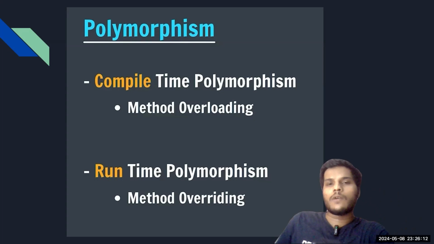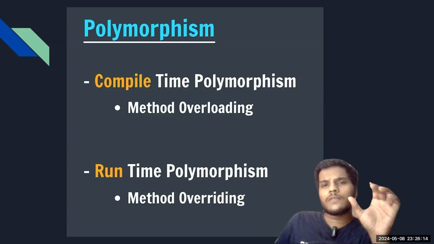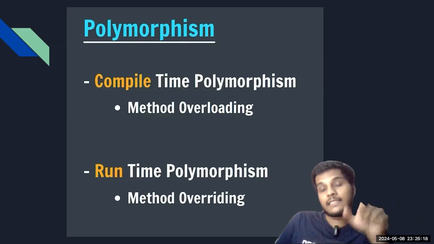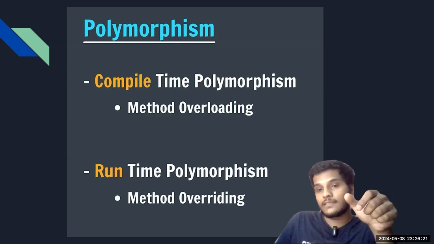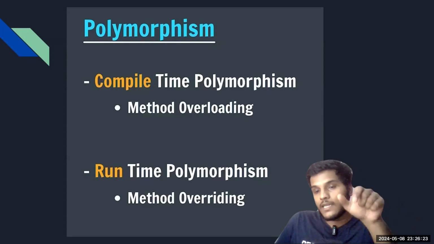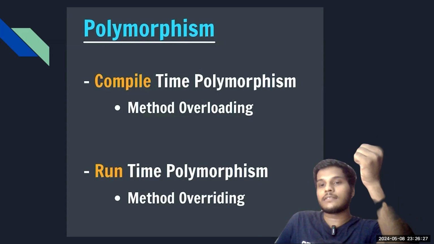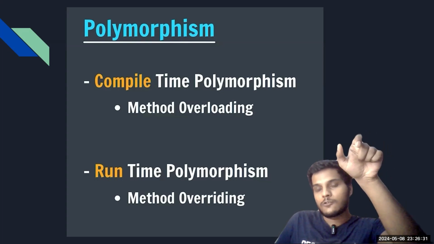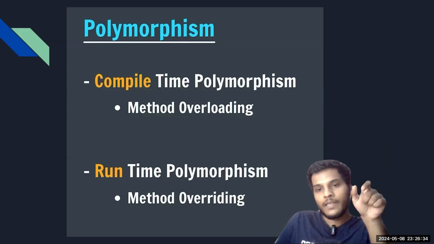Now we'll see runtime polymorphism. Runtime polymorphism occurs when the method in the child class has the same name and also the same parameters as the method in its superclass, that is the parent class. So we have the same method in the parent class and in the child class.